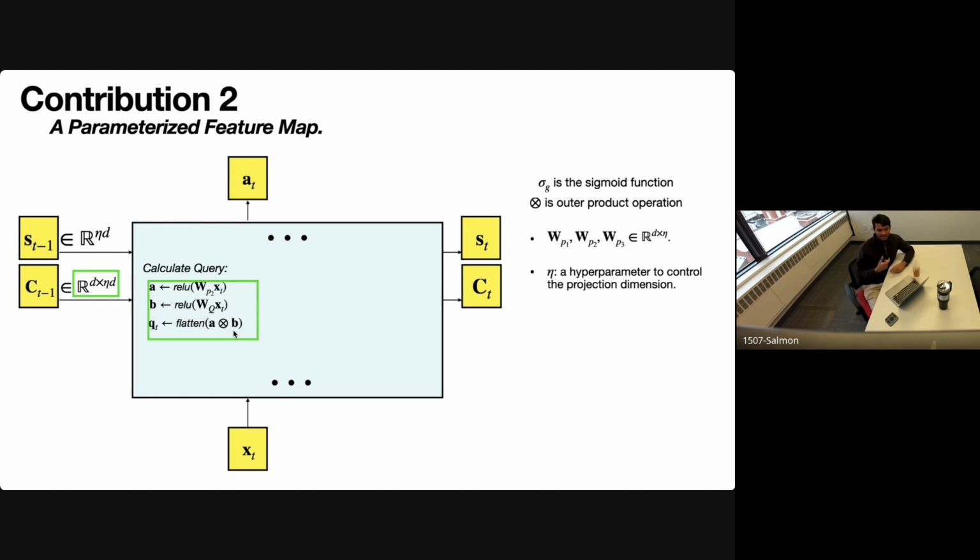We implemented that using an outer product operation, and we do the same thing for the key as well. We also adjusted the gating mechanism accordingly to match the dimensions of the introduced projection map.